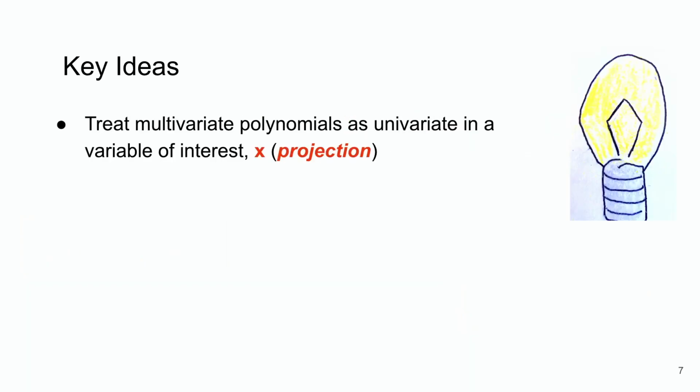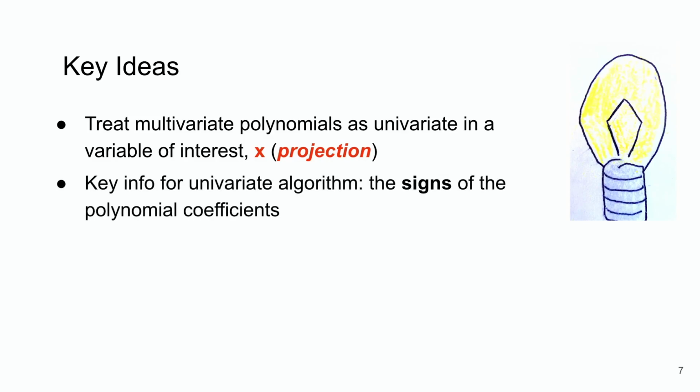Another key idea in both the Ben-Or, Kozen, and Reif paper and Tarski's original algorithm is to treat multivariate polynomials as univariate in some variable of interest. I'll always call our variable of interest x. This is called projection. The reason this projection is efficacious is that in the univariate cases of these algorithms, the only information we really need computationally is the signs of the polynomial coefficients.